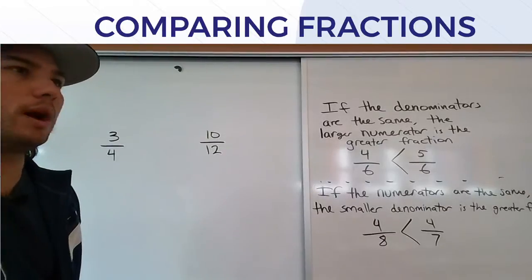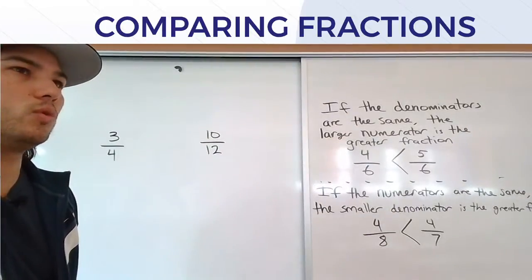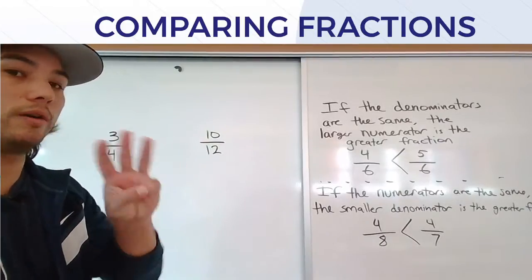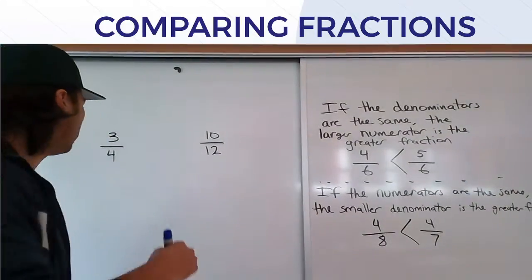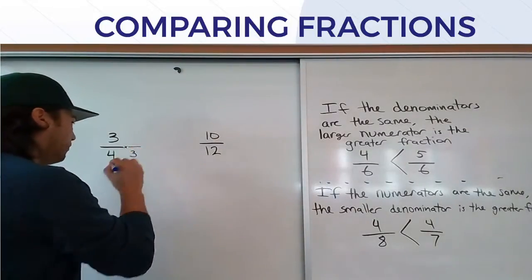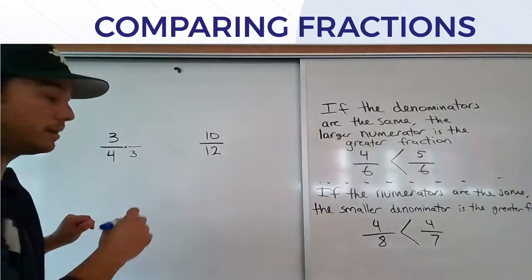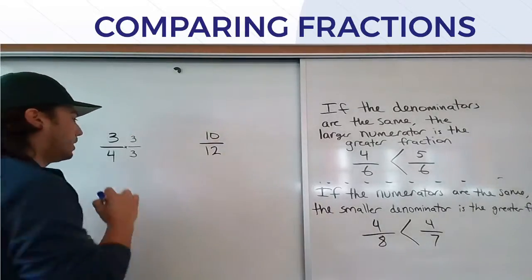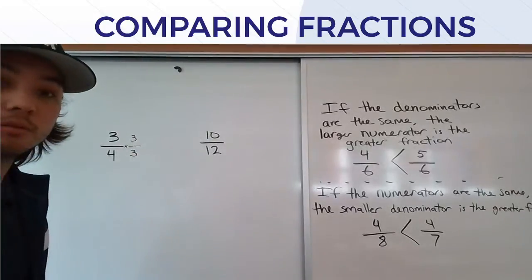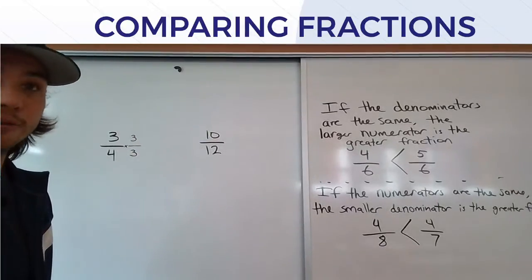4 times what is 12? 4, 8, 12. 3. 4 times 3 is 12. And remember, to keep it an equivalent of 1, I've also got to multiply by 3 on top. I've got to use 3/3. If I multiply by 1/3, it changes the value of my fraction.